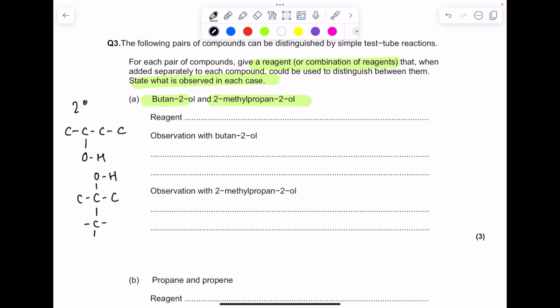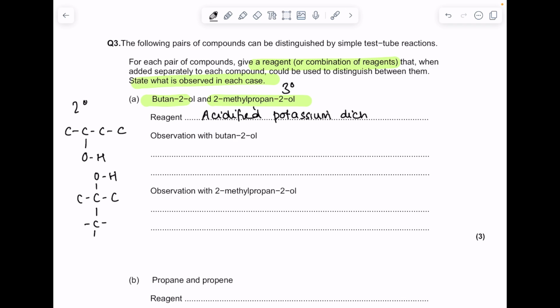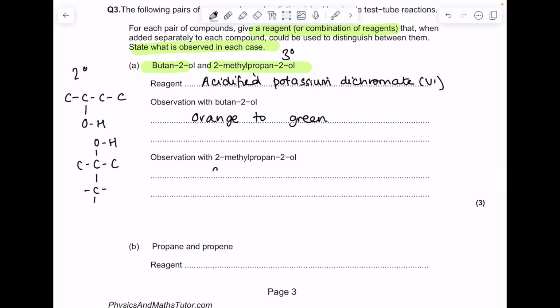This is a tertiary alcohol. So the reagent we could use is acidified potassium dichromate(VI). And remember, with a secondary alcohol, it will go from orange to green. Because that tertiary alcohol isn't oxidized easily, it will stay orange. Or you could write no reaction.